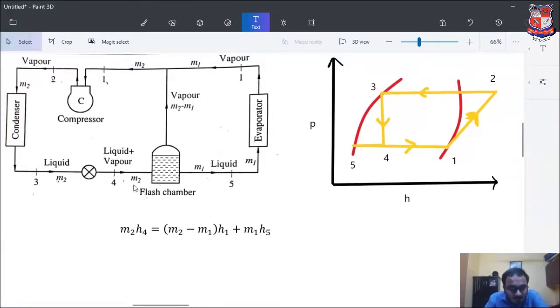If you focus here, M2 is the mass at the entry of the flash chamber, that is here left hand side, into enthalpy of point 4, that is currently we are at this point, M2 into H4. Now the two things which are exiting out of this flash chamber, first is, let us take this vapor, so it is M2 minus M1. As this is already a saturated vapor, it is given at point number 1, that is H1. M2 minus M1 is already saturated, that's why we are taking this enthalpy point H1, plus the remaining portion of liquid, that is M1 into H5. So this is going to be our energy balance.